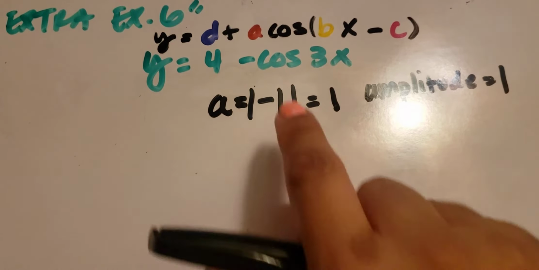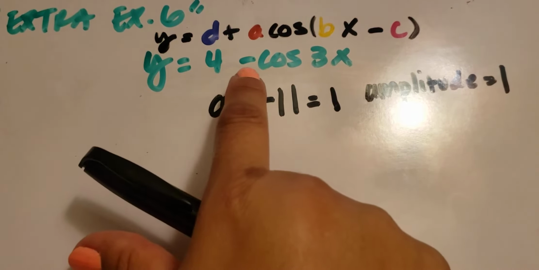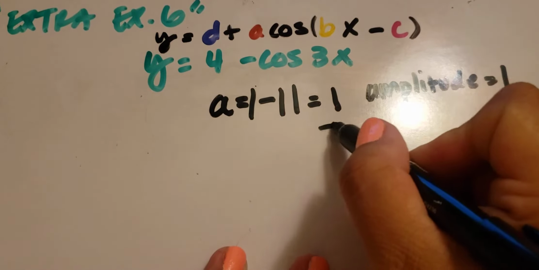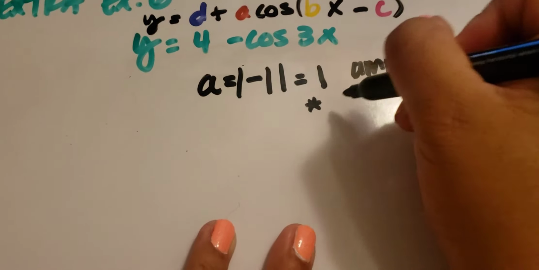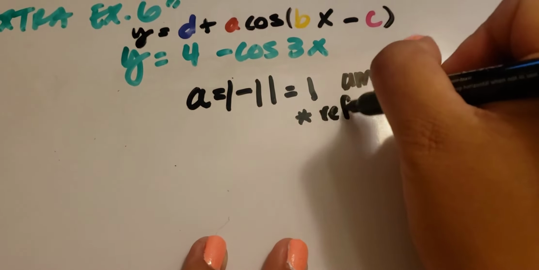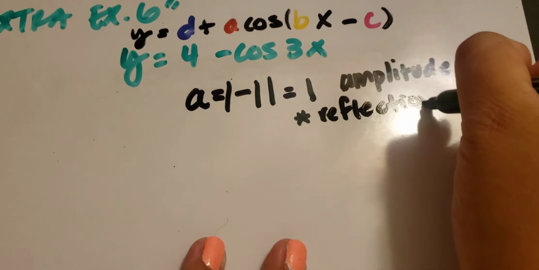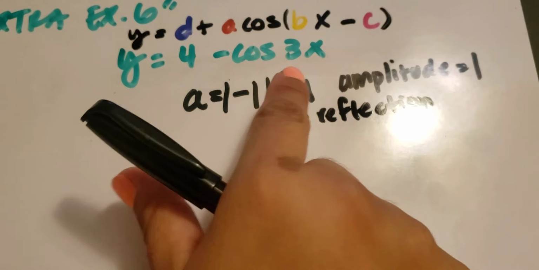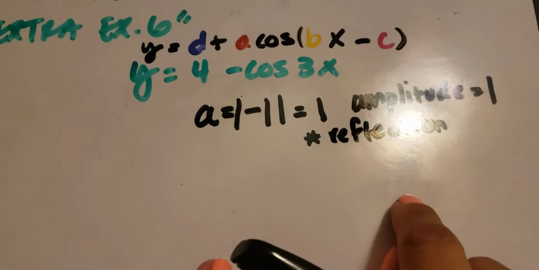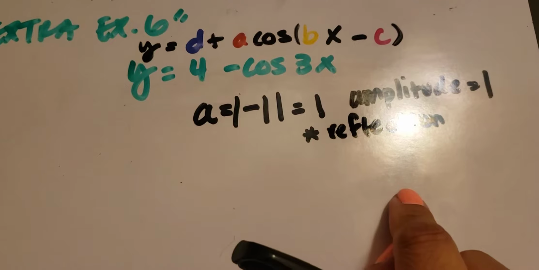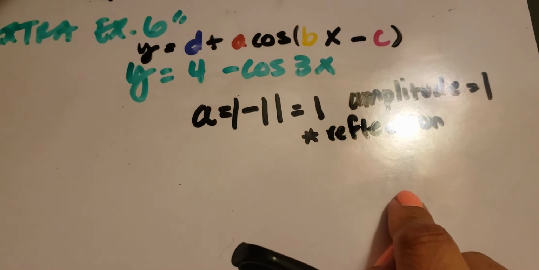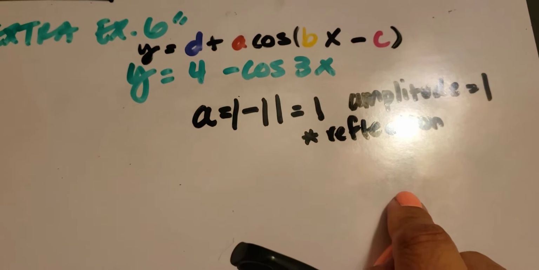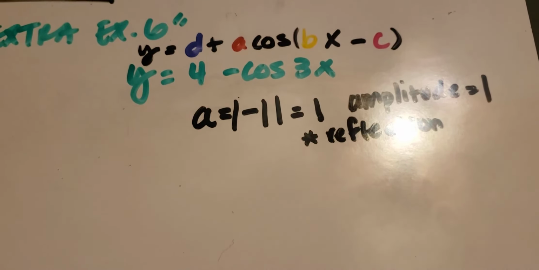Amplitude is 1. And the fact that it's negative is an extra set of information: it means you're going to have a reflection. Normally it would be across the x-axis, but since we're going to be shifting it, it'll be reflected a little bit differently.